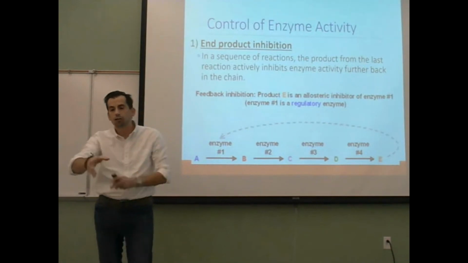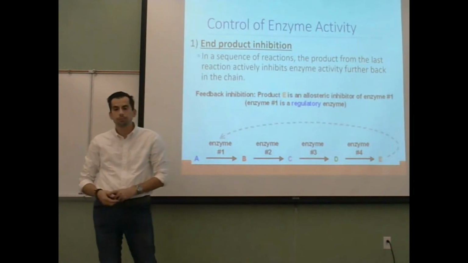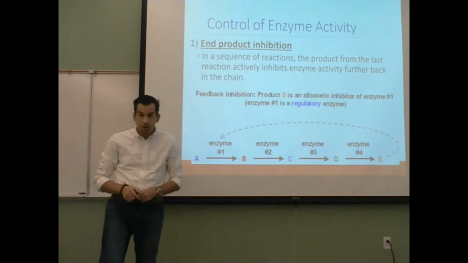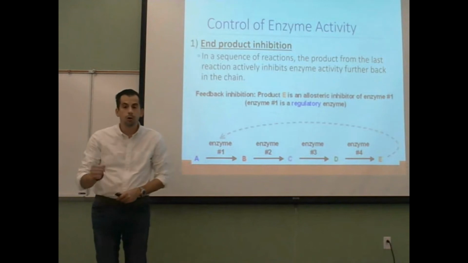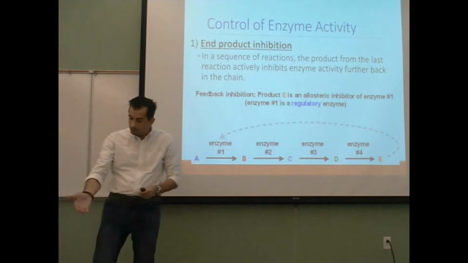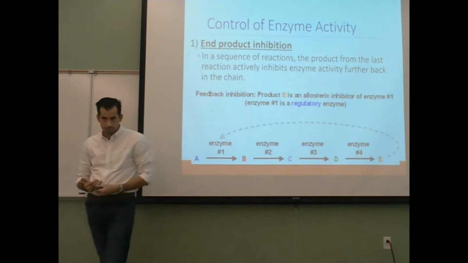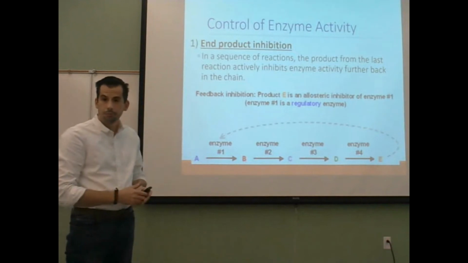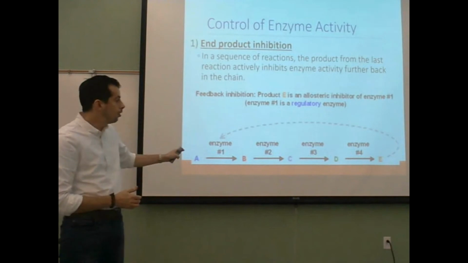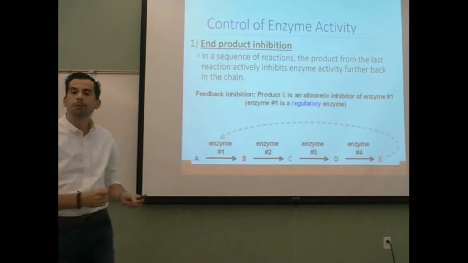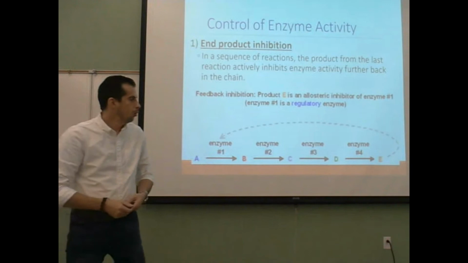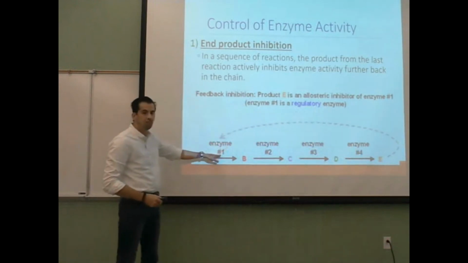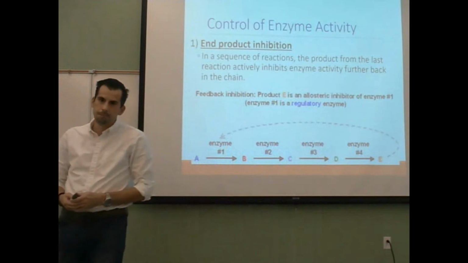When you get done listening to this lecture and you go and you get in your car, you can actively slow your car down by actively putting on the brakes. Or you can passively slow your car down by simply taking your foot off the gas. Both of those actions will result in a stopped car. Here we have the first example of active inhibition. We've got an end product purposefully ceasing the actions of another enzyme.